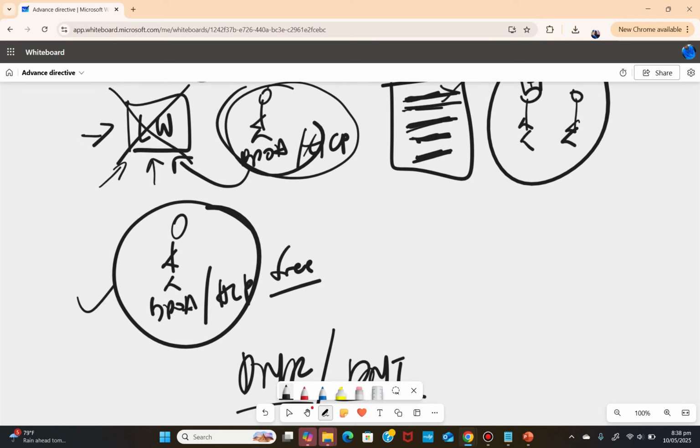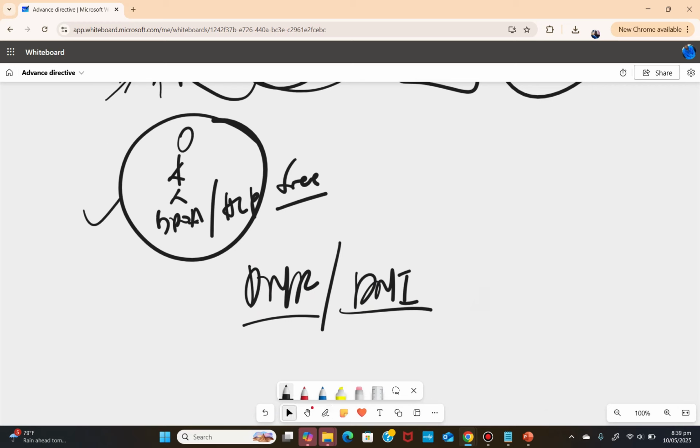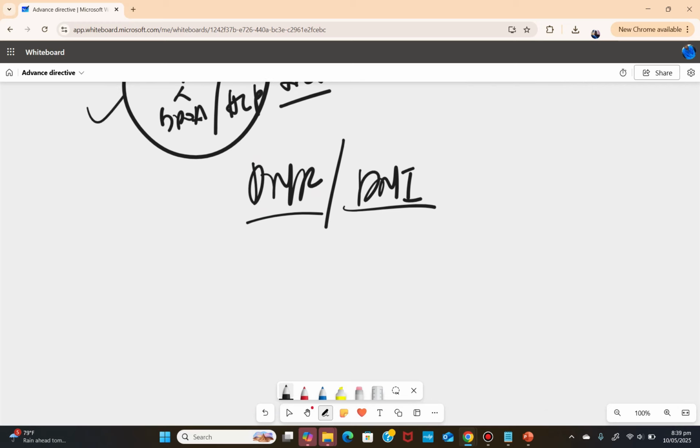So let me think about other things that can be involved. Right, we expect the nurse to advocate if the doctor is trying to do anything against the advance directive. You advocate for them not to do it.